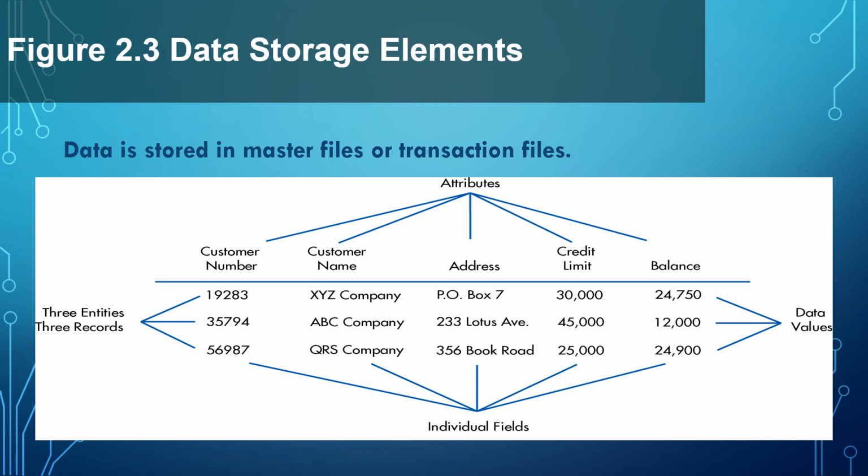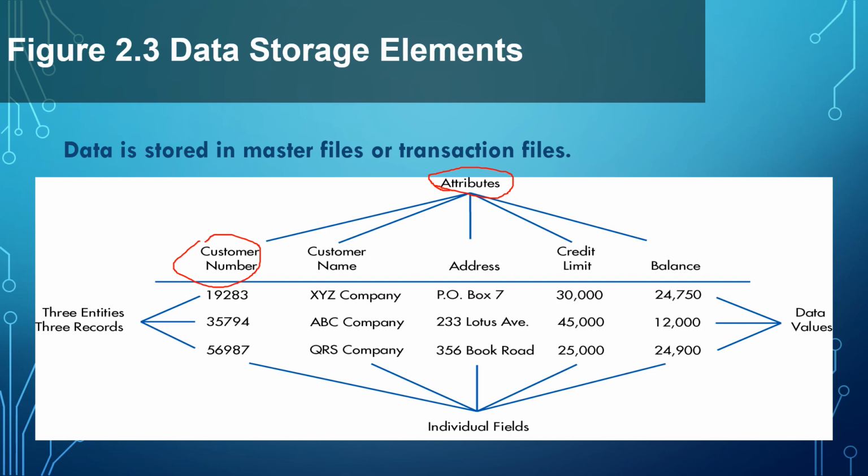We also came to know the file hierarchy, the data hierarchy. The data is stored in master files or transaction files based on attributes, and these attributes are based on each elemental detail about the transaction record.